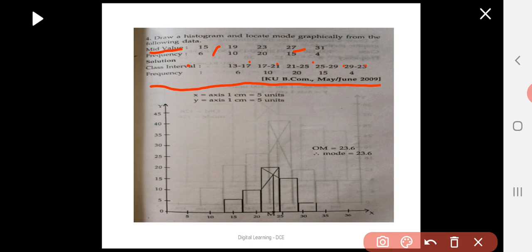So here in the x-axis we have class intervals, and in the y-axis we have frequencies.